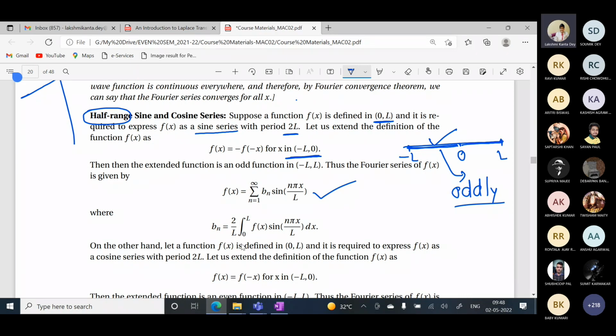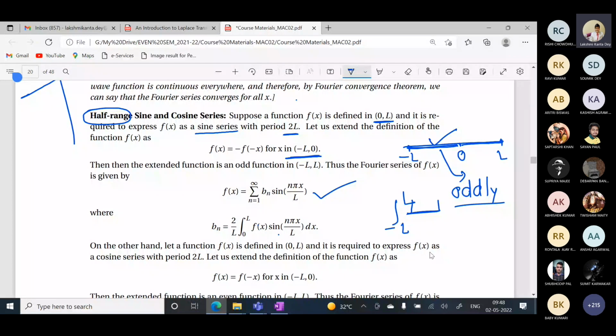Bn is 2 by L, integral from 0 to L, only 0 to L. Why? Because it is even ultimately. This function is odd, sine is odd, and the product of two odd functions is even. And where is A naught? We will not write A naught, A naught is zero.